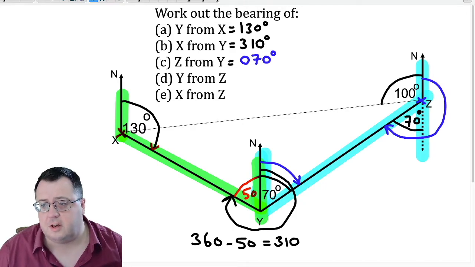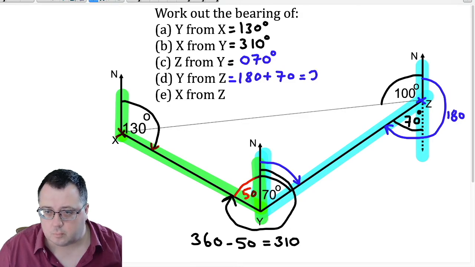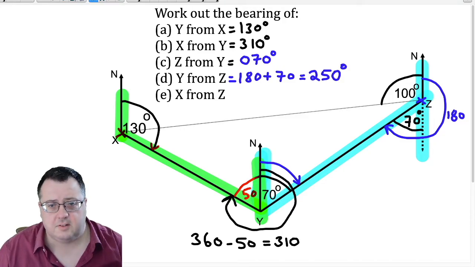Well, angles on a straight line are 180, so that is 180 there. 180 plus 70 is 250 degrees. And that's our answer, Y from Z.